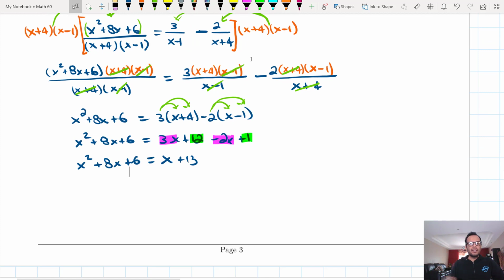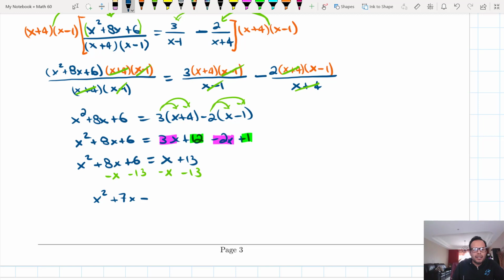Let's keep solving this polynomial equation by subtracting x on both sides and by subtracting the constant on both sides. All right, so we get x squared plus 7x and 6 take away 13.